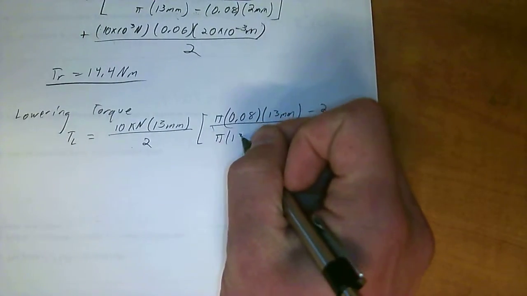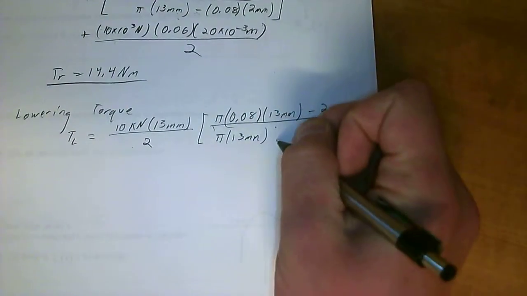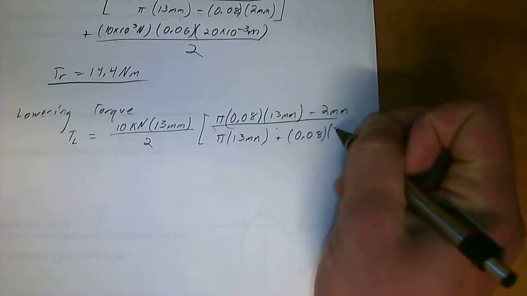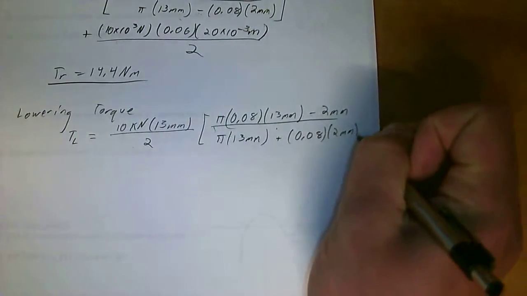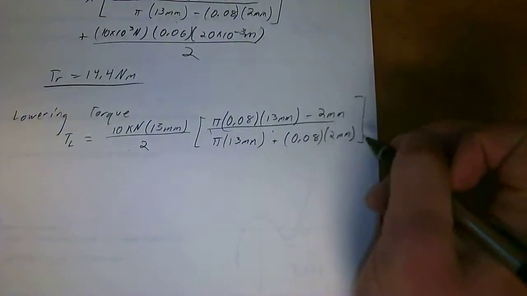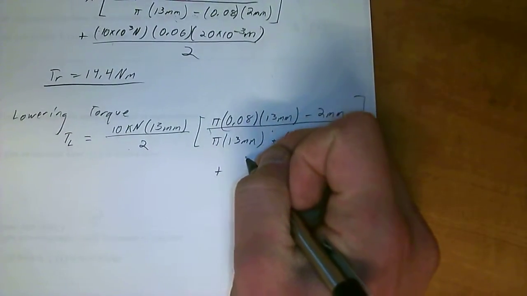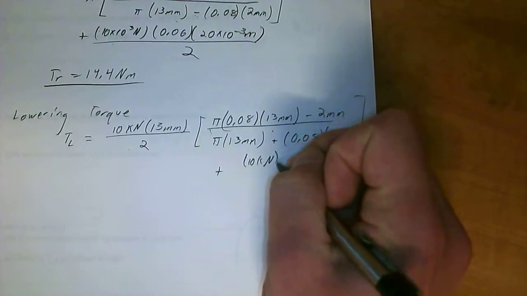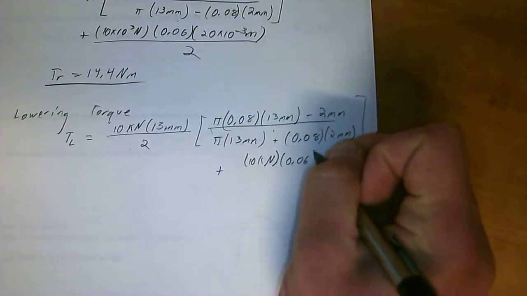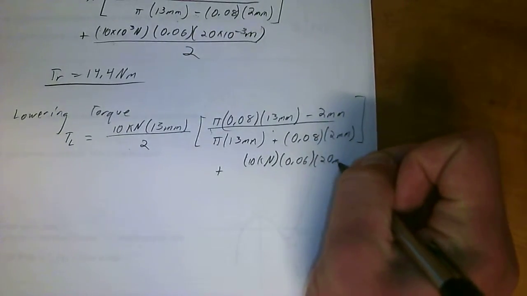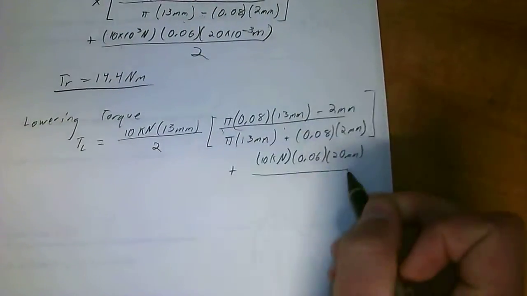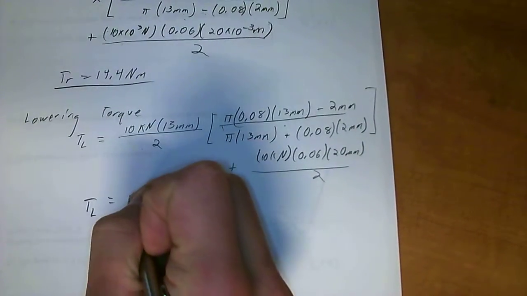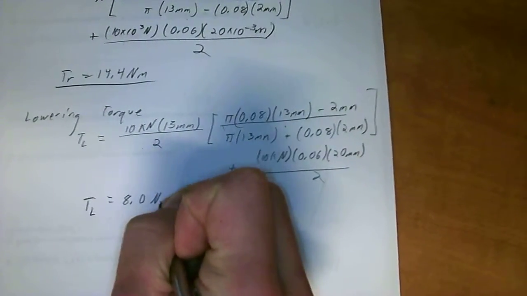Pi times 13 millimeters plus 0.08 times 2 millimeters. Okay, plus 10 kilonewtons times 0.06 times 20 millimeters all over 2. If you calculate that out, you'll get a TL is equal to 8.0 Newton meters.